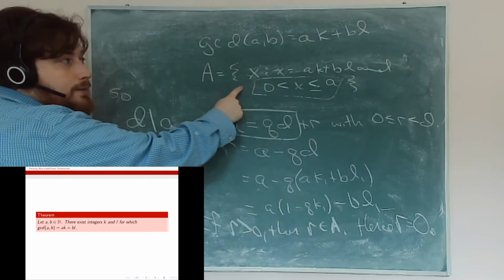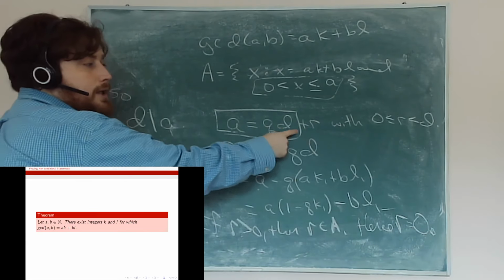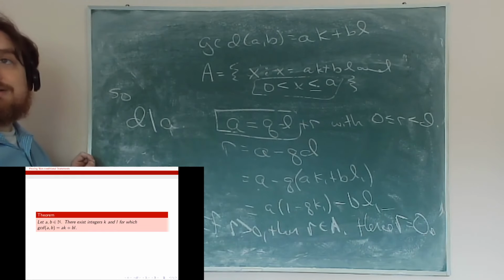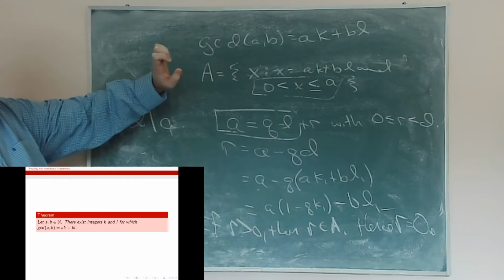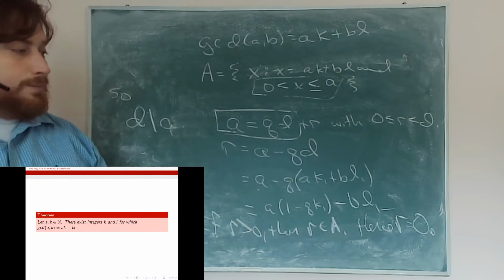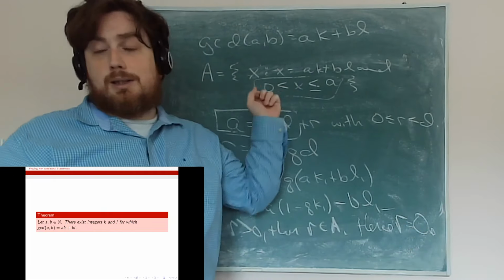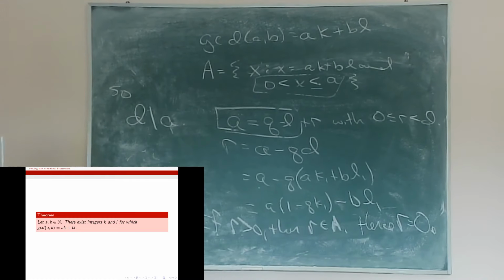But if r is in this set, r is smaller than d, so that contradicts the fact that d was the smallest element of A. So since d was the smallest element of A, r can't be less than d and greater than 0, because that would imply it's in here. Therefore, the only possibility is it has to be equal to 0 so that it doesn't end up in the set, so d remains the smallest element.